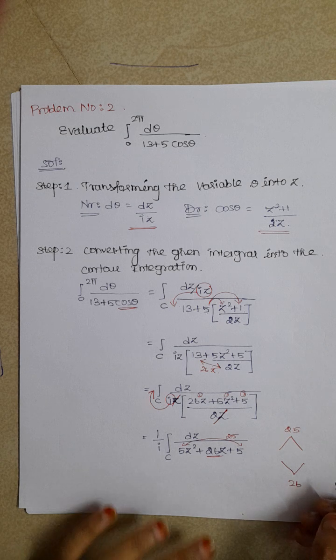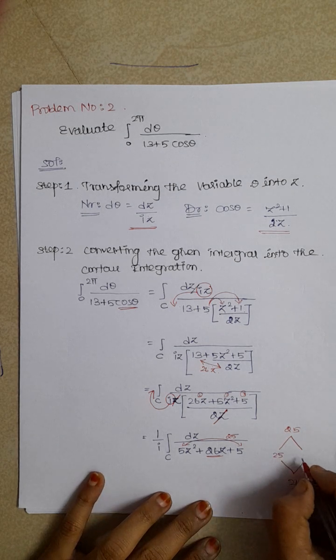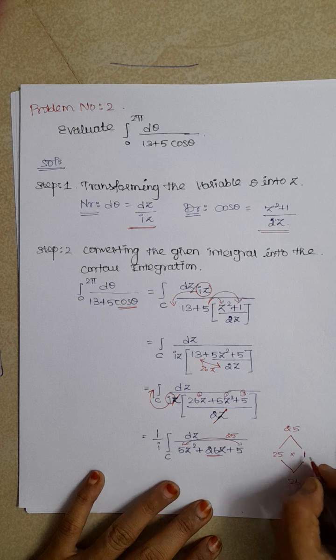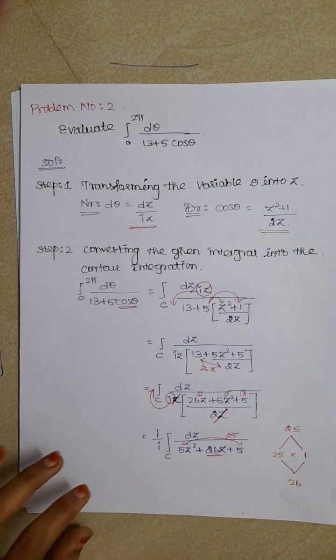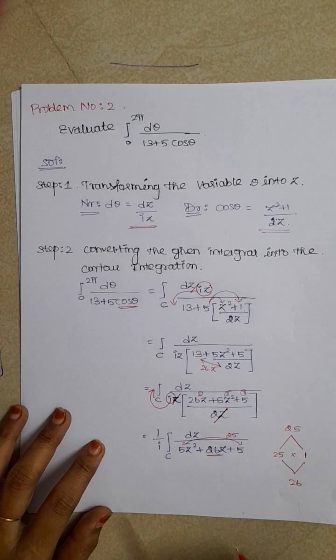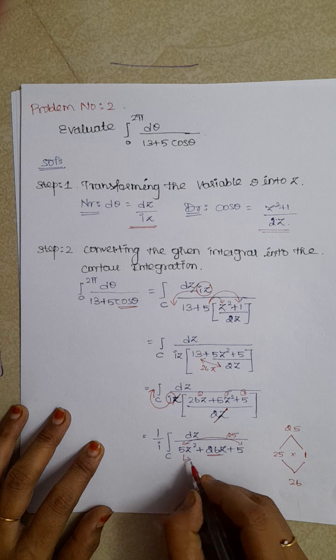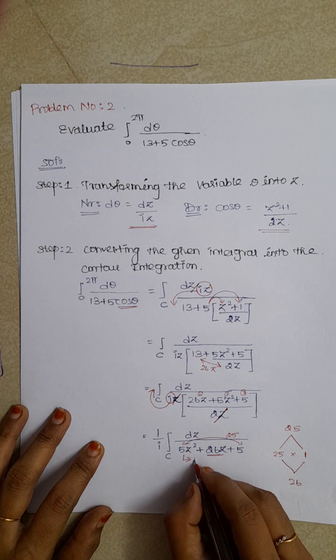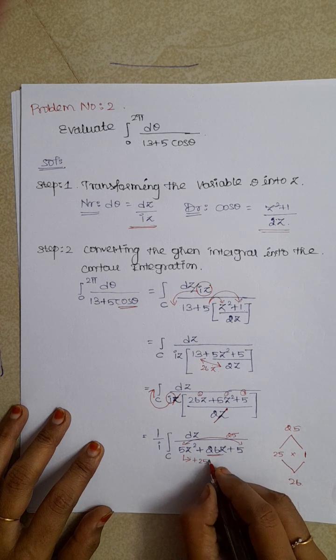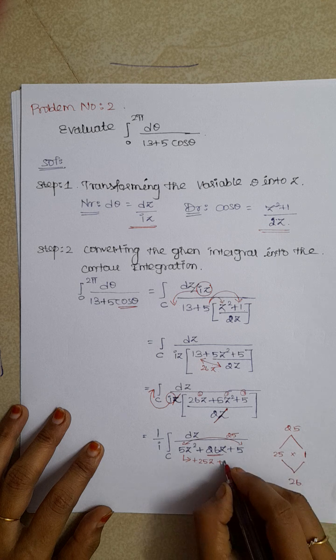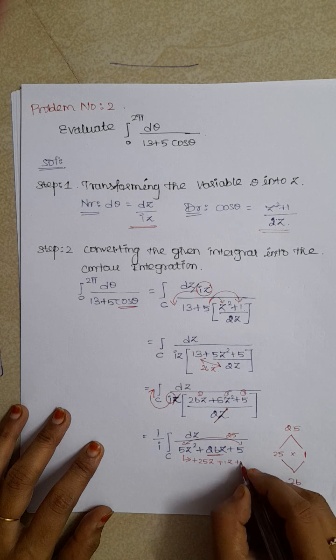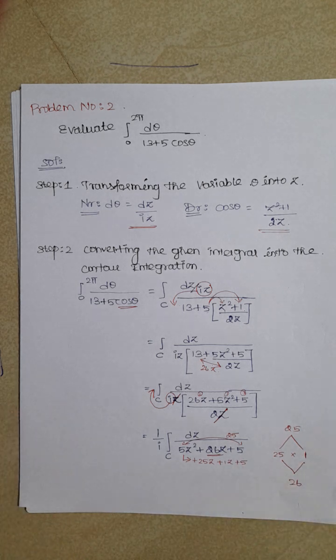So how to write this term? 25 into 1 is 25, adding to 26. So we write 5z square plus 25z plus 1z plus 5. So 1 by i integral over C dz divided by 5z square plus 25z plus 1z plus 5. Okay.